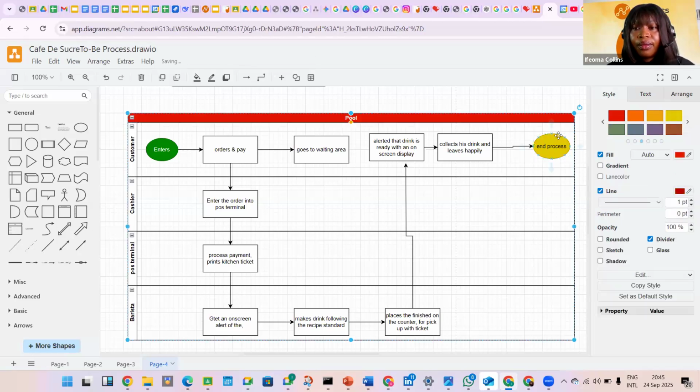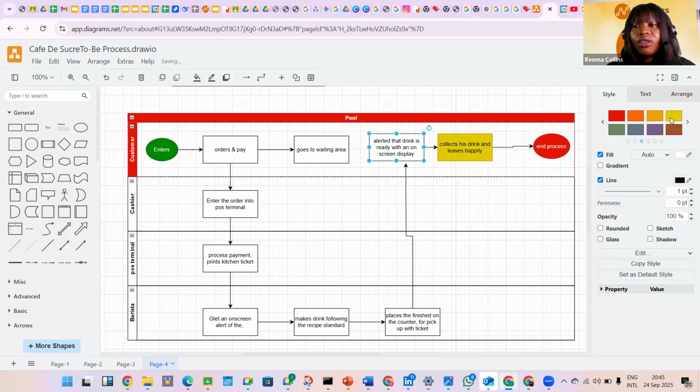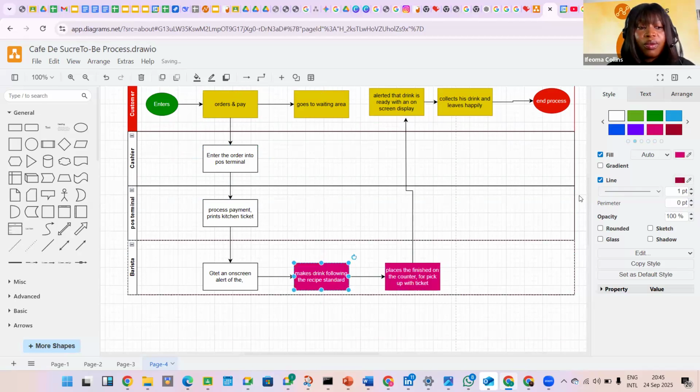In the process, for the customer, I'm just going to color code all the customer process yellow. Can somebody give me the next color we should use for the cashier? You can drop any color you want, and also for the barista so that we can move quickly. Okay. So for the barista, let me use this color. So it's good practice to also color code, right?